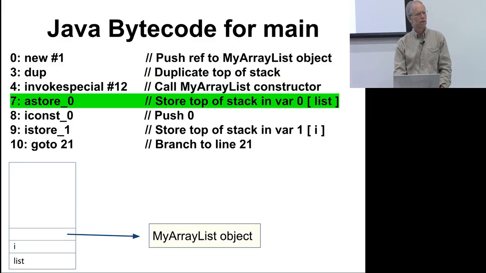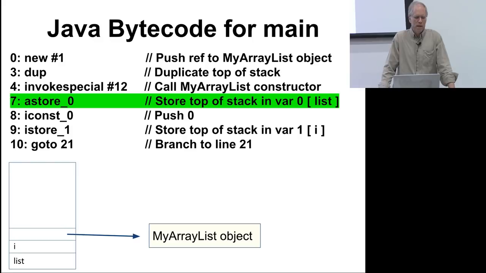We're in this state. So it's a good thing we did that duplication, so there's still a reference on top of the stack. Now the next thing we want to do with that reference is store it into the variable list, because that's what the code said to do: list equals new myArrayList. That's what an astore 0 does. An astore 0 stores the top of the stack in variable 0, the variable at the very bottom of the stack frame.